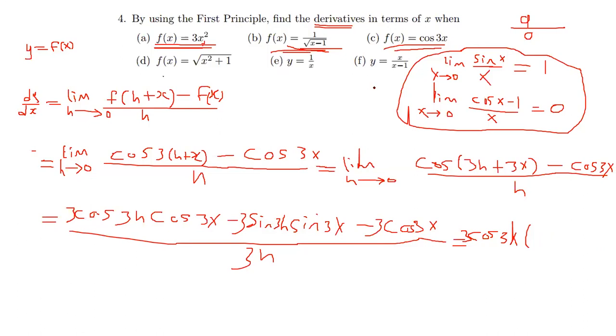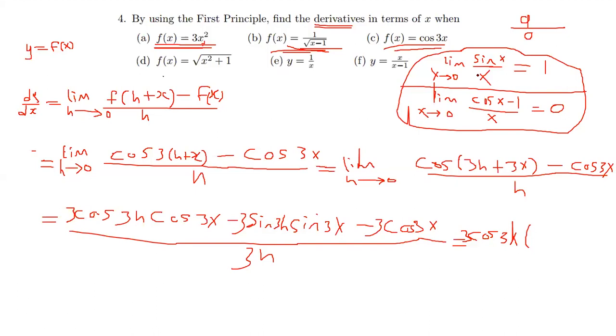Someone is asking me to repeat why I added 3 over 3. In short, when you look at these limits here, I'm saying they are special limits. You have sin x on top, and you also have the denominator x.